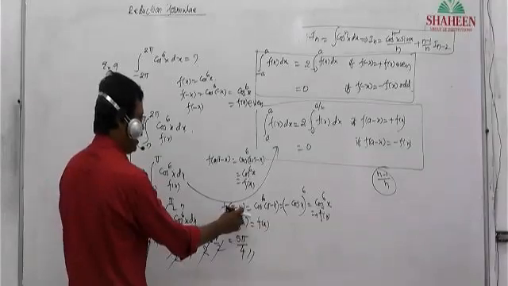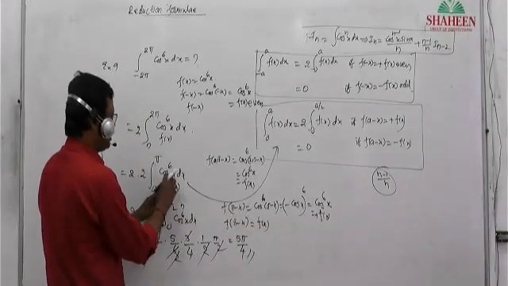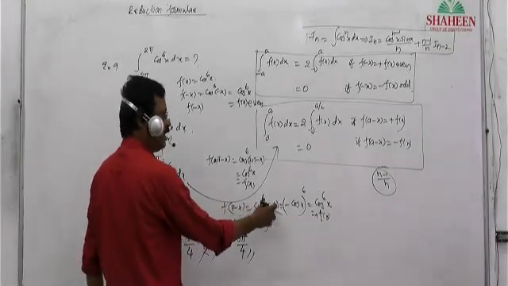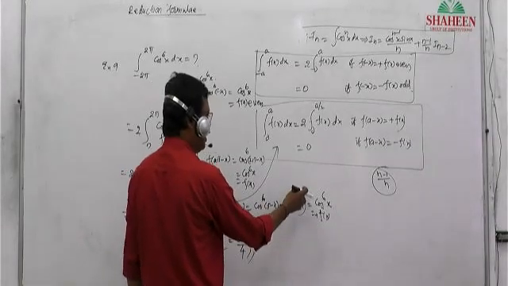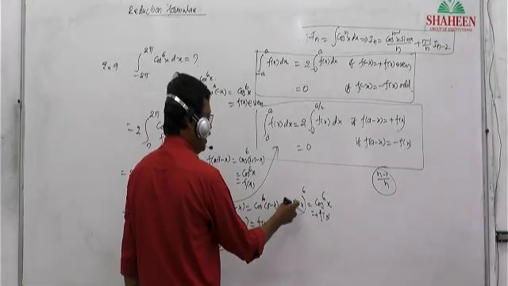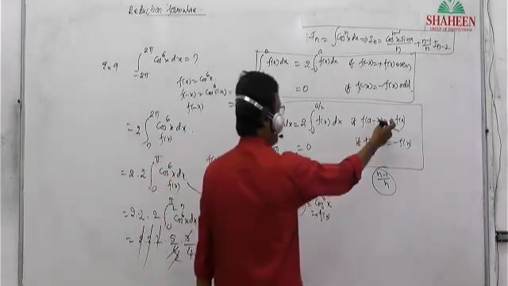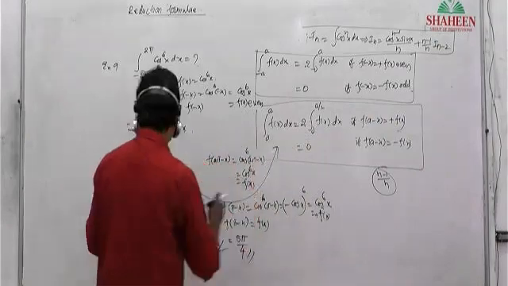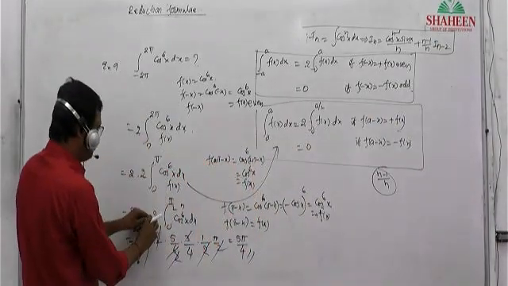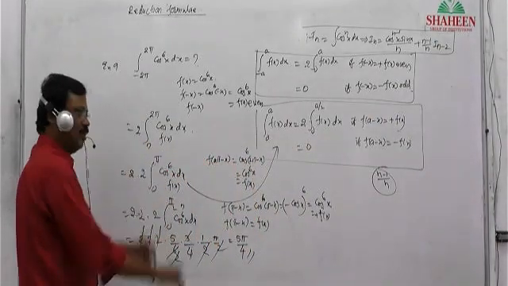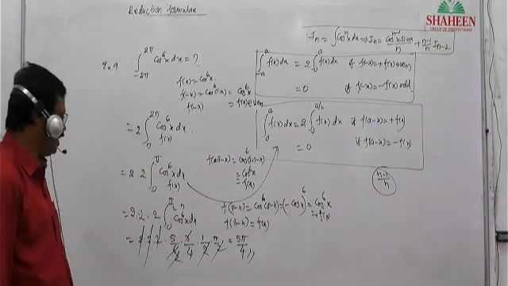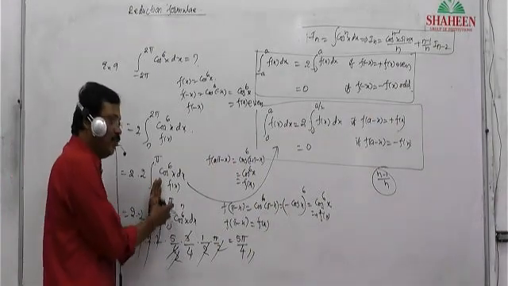F of a minus x, cos of pi minus x. Cos of pi minus theta is minus cos theta. Even degree, minus power with even degree becomes plus. You got plus fx again. Again you apply this one: 2 times 0 to a by 2, pi by 2. Okay, is it okay? Now you got the limit 0 to pi by 2.